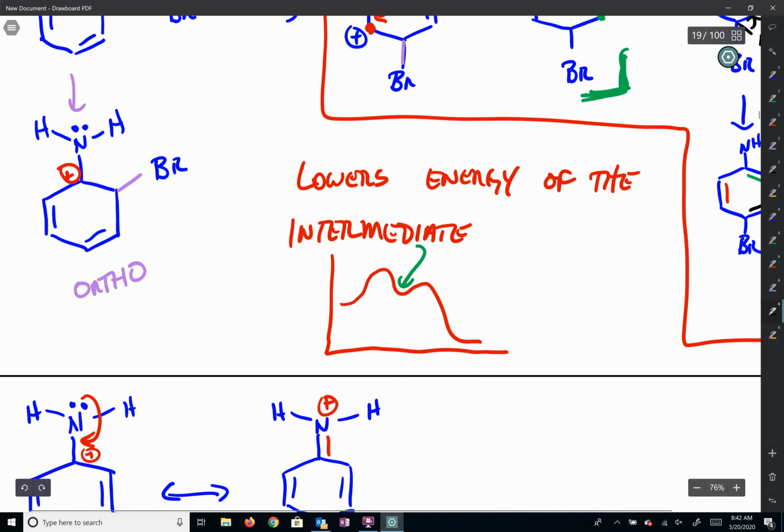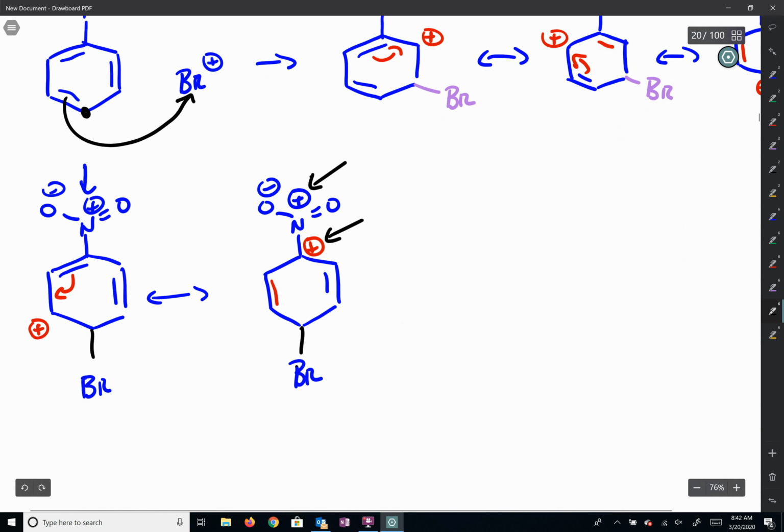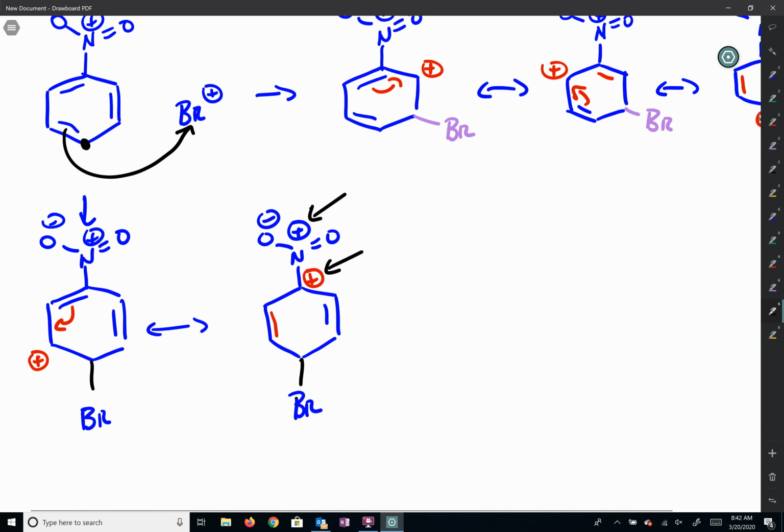The second thing is that that nitrogen, Mr. Nitrogen here in green, the N of the NO2 group, doesn't have any lone pairs on it. So not only does it have a positive charge, it also doesn't have lone pairs, which it can use to make an additional resonance structure to stabilize that positive.